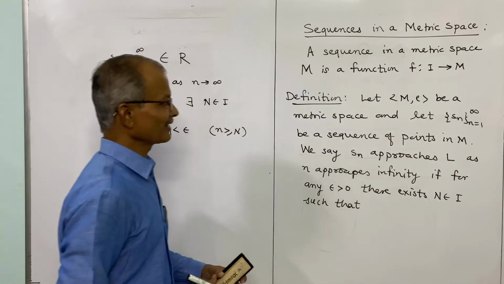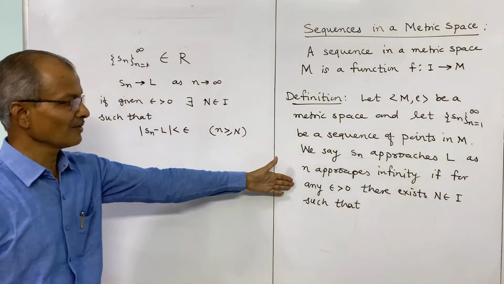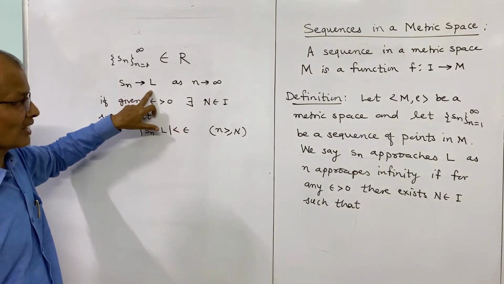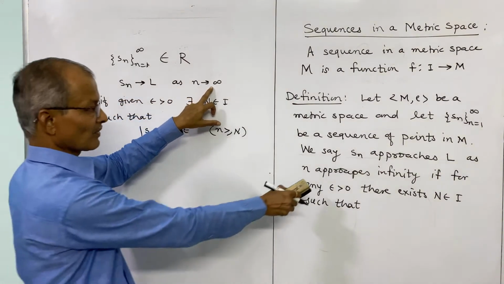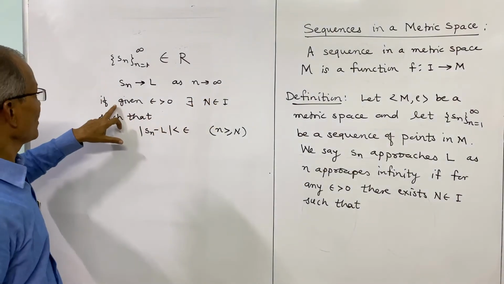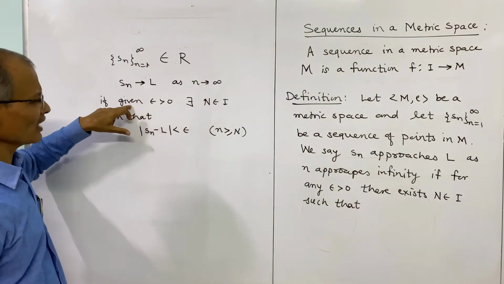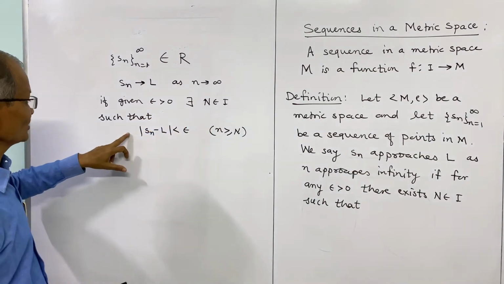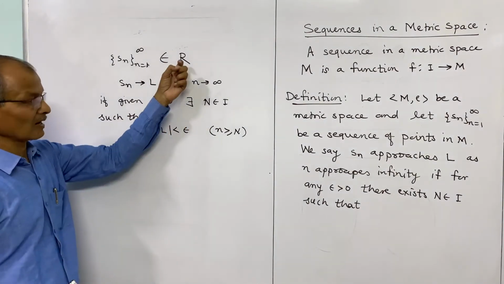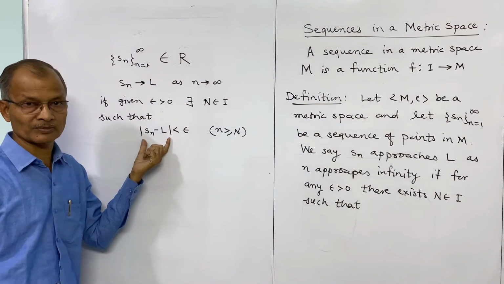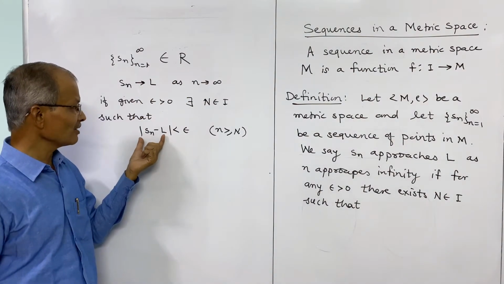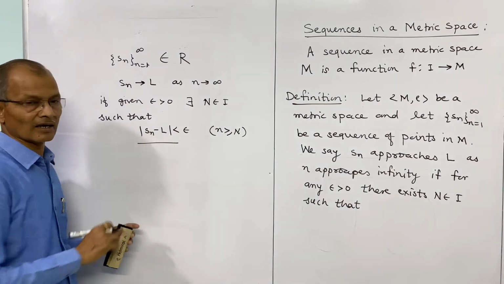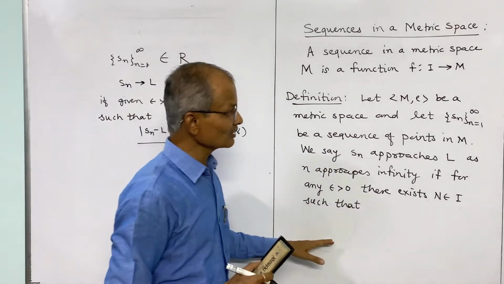Now what will be the difference in the definition? The same words are there. You see, Sn is a sequence. Sn approaches L as n tends to infinity if for given epsilon greater than 0, or any epsilon whatever it may be, there exists N belonging to I such that, since this is R, the metric here is the absolute value metric, such that Sn minus L. This means simply the distance between Sn and L. And how to denote the distance in metric space?